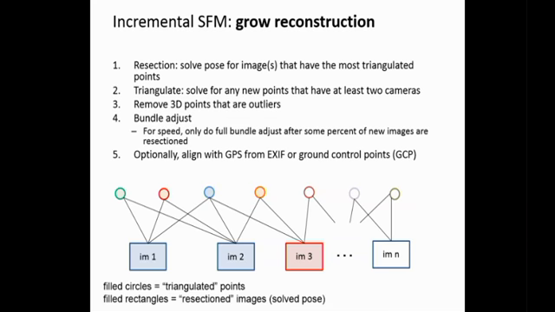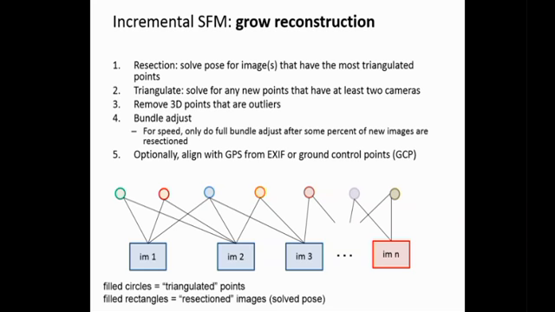So if you want to align your 3D points to the world, you need either some ground control points, which are points observed by the cameras where you know their 3D position in the world, or you need GPS data or some kind of absolute camera pose for some of your cameras. Then, during the structure from motion process, you can compute a similarity transform between your camera poses and whatever known points you have.